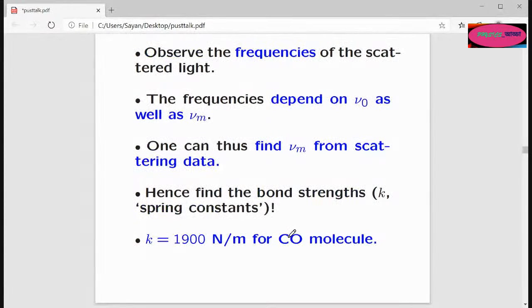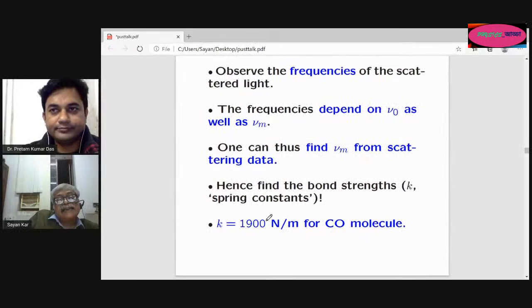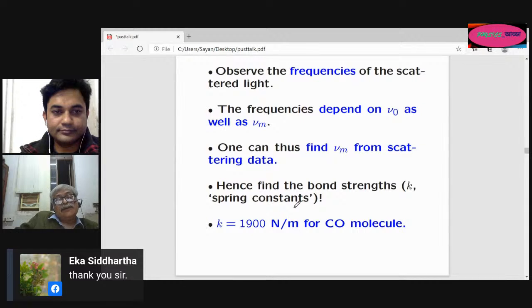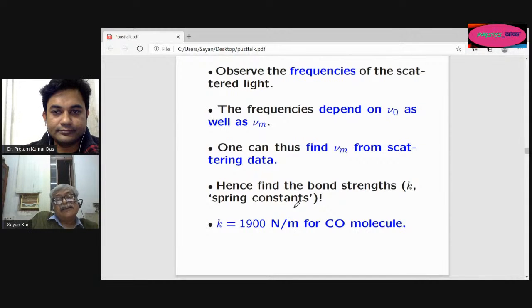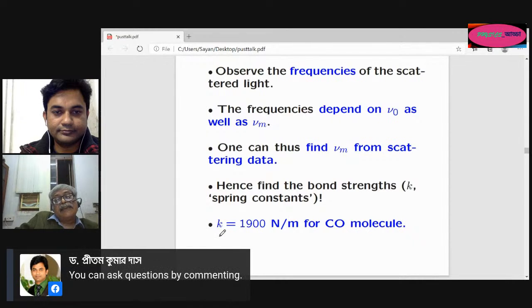And hence, what do you find out eventually? Eventually, what you find out are essentially the spring constants. Spring constants of what kind of springs? These are, as I said, not real springs, but effective or imaginary springs. For instance, for the carbon monoxide molecules, you have K is equal to something like this.